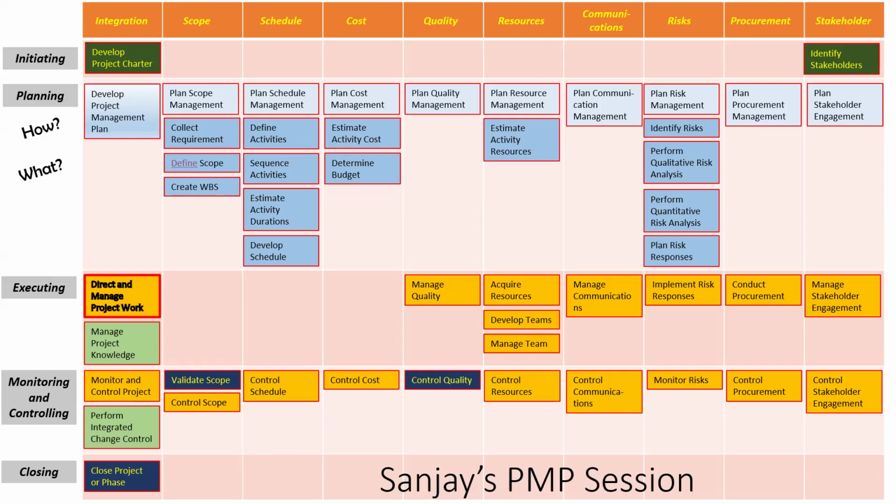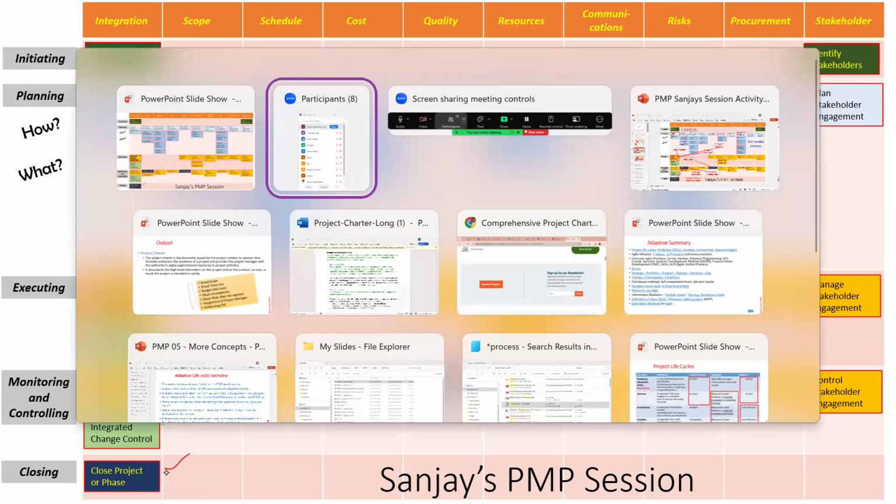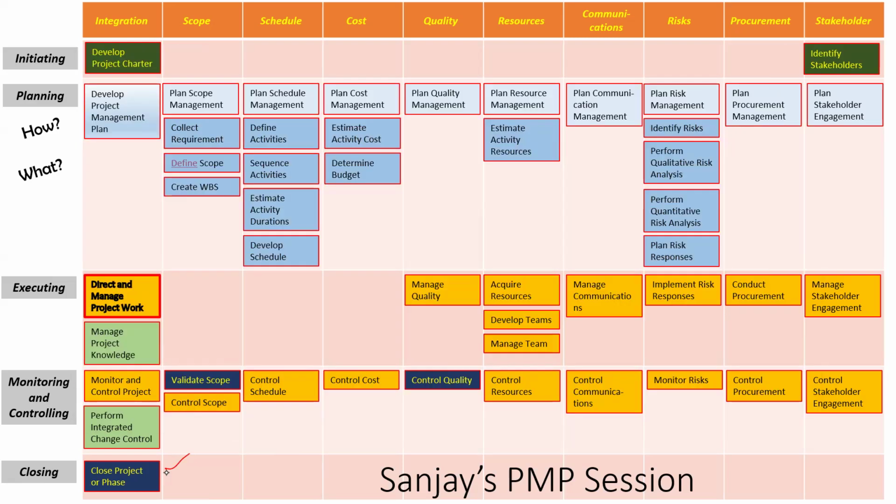Once that happens, it goes into closing. Will closing happen only once? No, it will happen many times. Every time you hand over something, the closing for that particular deliverable will happen. That's why it is called close project or phase. Is this clear so far?